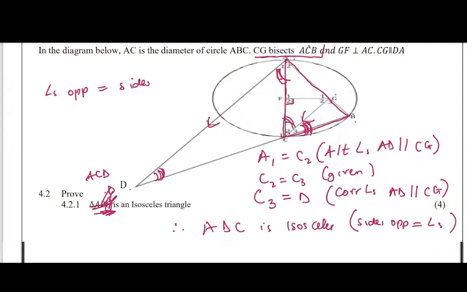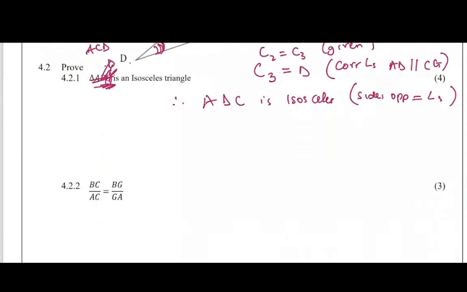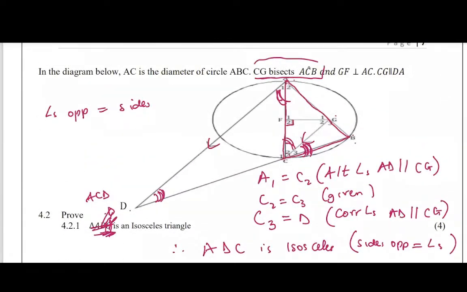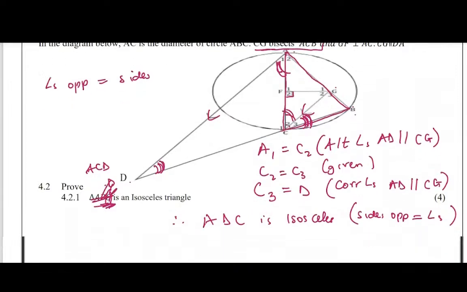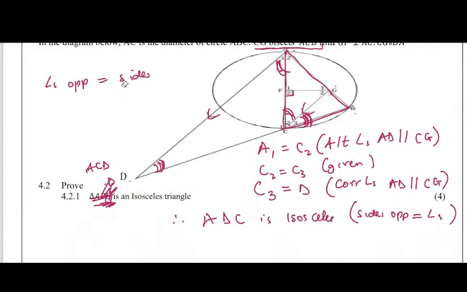Okay, so that is 4.2.1. And then 4.2.2, they want us to prove that BC over that is equal to that over that. So from the proportionality theorem, I'm going to just write this side. So we said this was ABC or ACD.